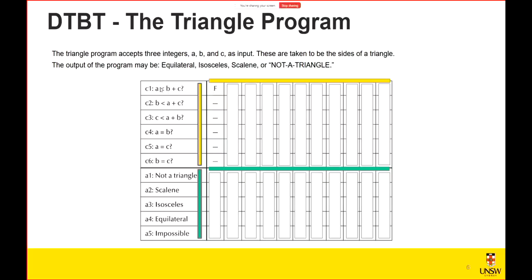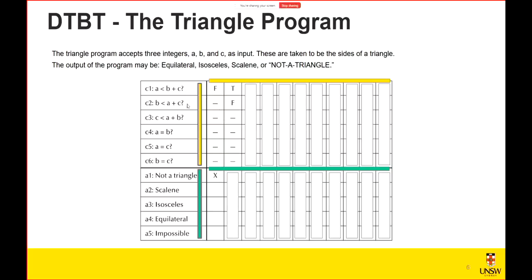Because if A is larger than or equal to B plus C, then the action is already determined. It's not a triangle. So no matter how we change the rest of the conditions, it's not a triangle. That's why we can just ignore the rest of the conditions here.